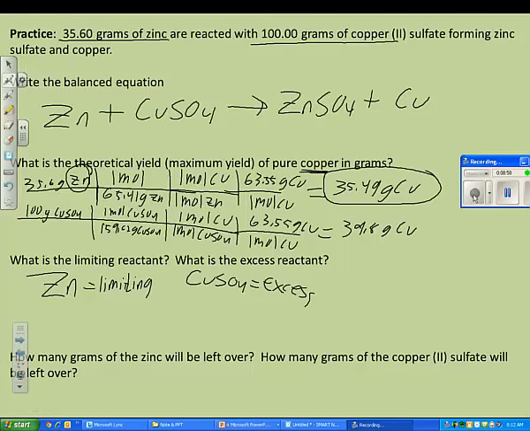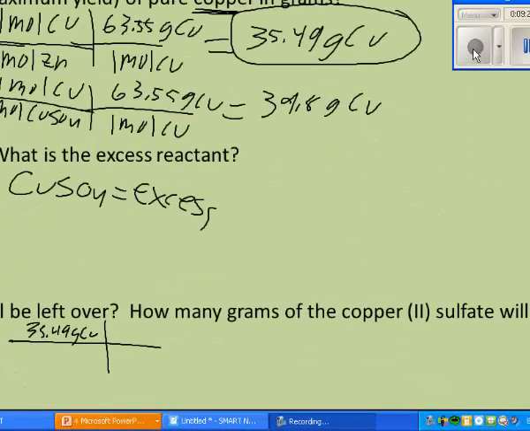So how many grams of the zinc will be left over? Well, zinc is limiting, so that one is always none. And the excess reactant we left over, remember you start with your theoretical yield, which is going to be 35.49. Convert that to moles, and molar mass. Mole ratio is easy.